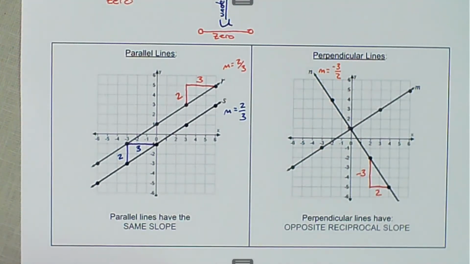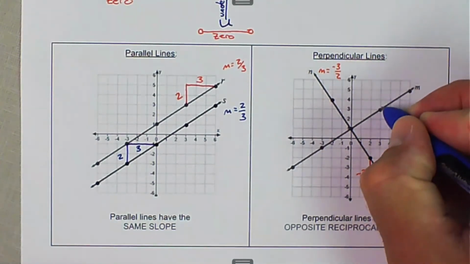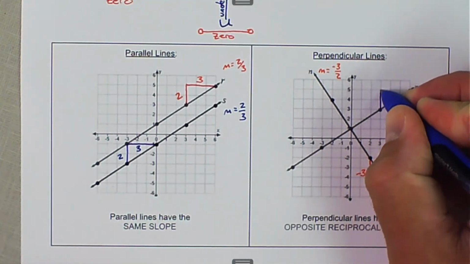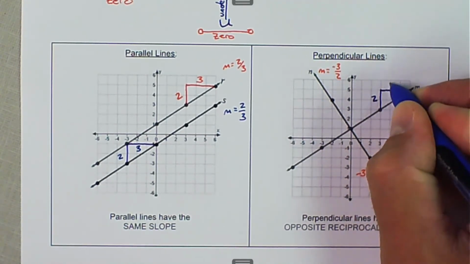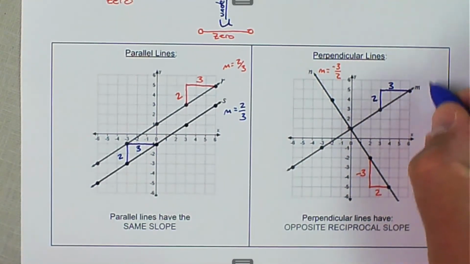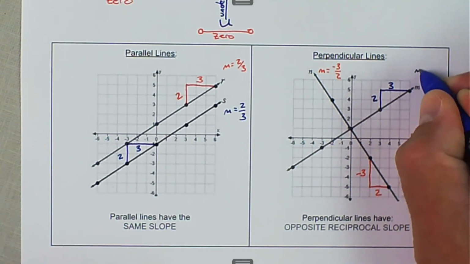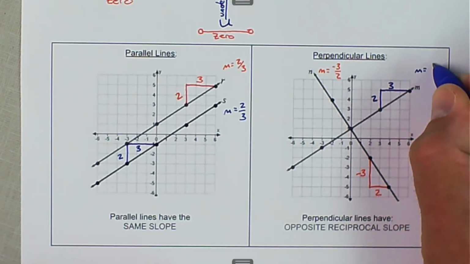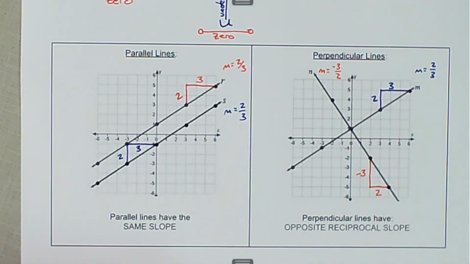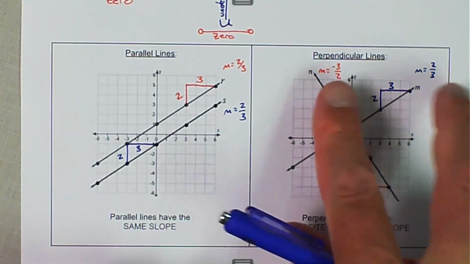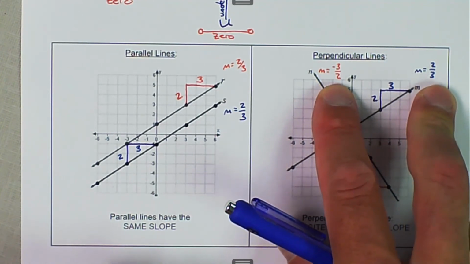Then we can check our slope for line M. In this case, we're going to go up 2 and to the right 3, so that's +2, 3. Line M has the slope that is 2 over 3.